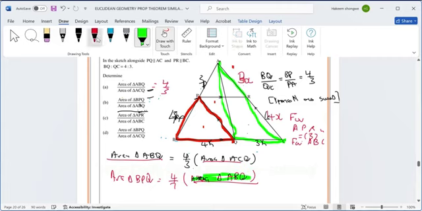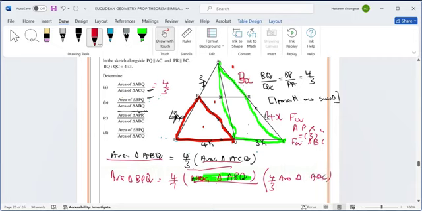If I substitute this, what am I going to have? This is coming here. So I have 4/3 the area of triangle AQC, like this.